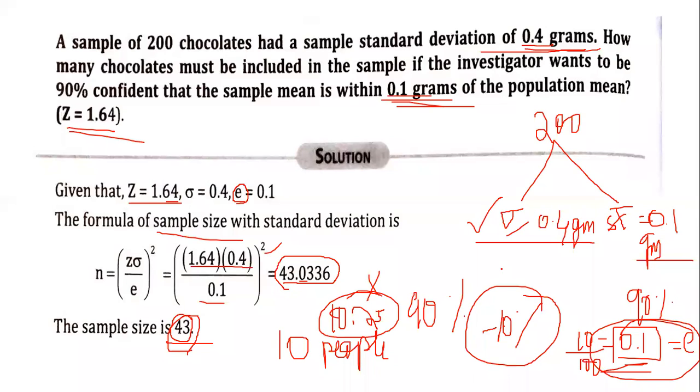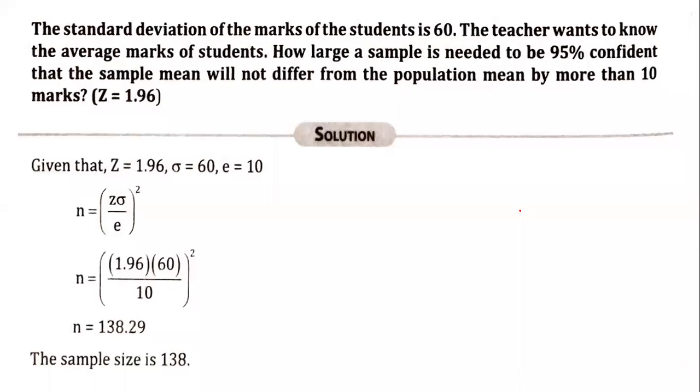Good. Now, moving on to the next problem. The standard deviation of the marks of the students is 60. So in a class, let's say there are many people; we don't know how many people there are yet.